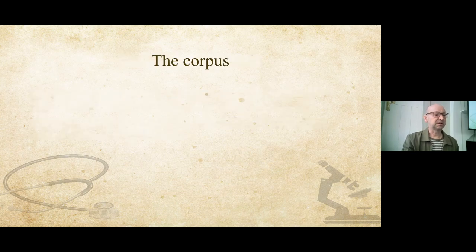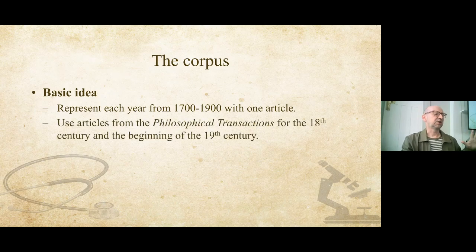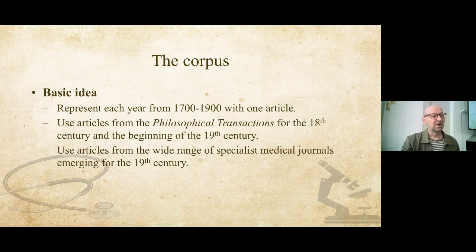The corpus I'm using is a self-compiled one, where the basic idea is that I wanted to represent each year from 1700 to 1900 by one article. And I used articles from the Philosophical Transactions of the Royal Society for the 18th century and for the beginning of the 19th century, because that was where there were more things happening, but for the 19th century, also taking into account specialized medical journals emerging during that time.